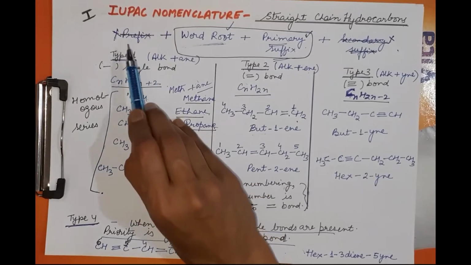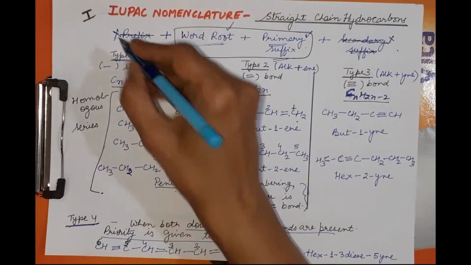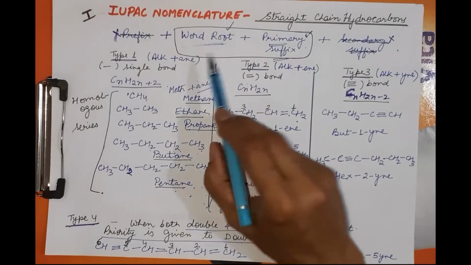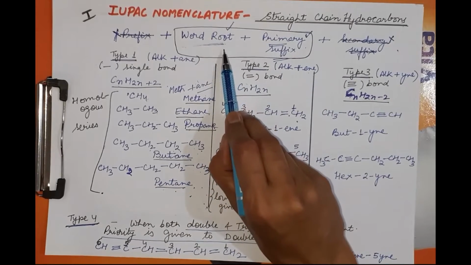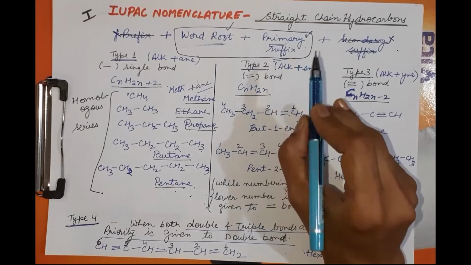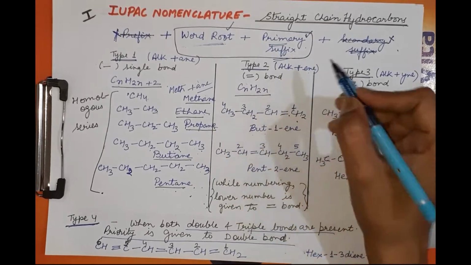Because we are taking straight chain hydrocarbons without any side chain, we will not have any prefix. Then the word root, the parent chain, will be there, and the primary suffix will be there because compounds may be saturated or unsaturated.